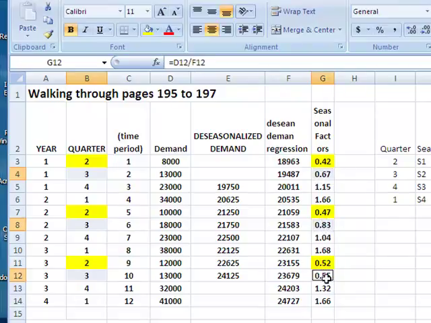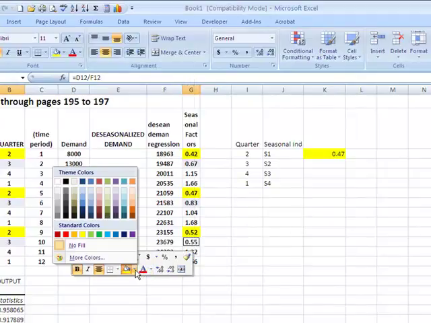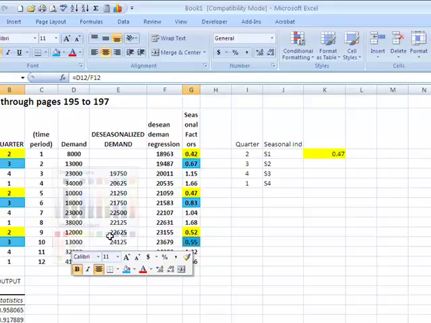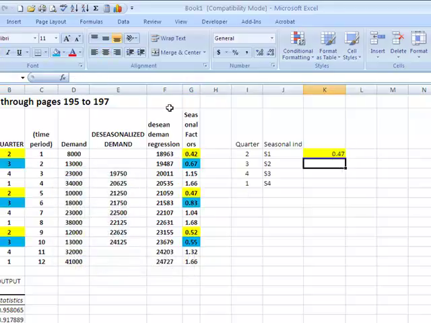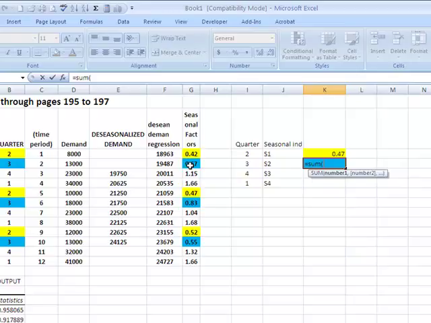If I highlight those in a different color, you can see that I need to add the 0.67 plus the 0.83 plus the 0.55.